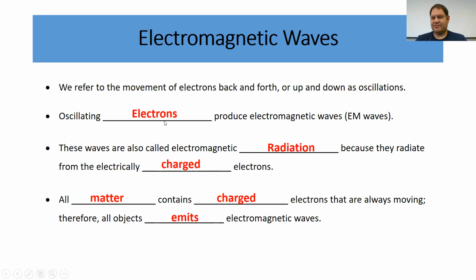Electrons oscillate in atoms, and even free electrons that are not in atoms are going to oscillate, okay? Obviously, these oscillations are going to produce energy, and the energy that these oscillating electrons produce is electromagnetic waves, in other words, light.